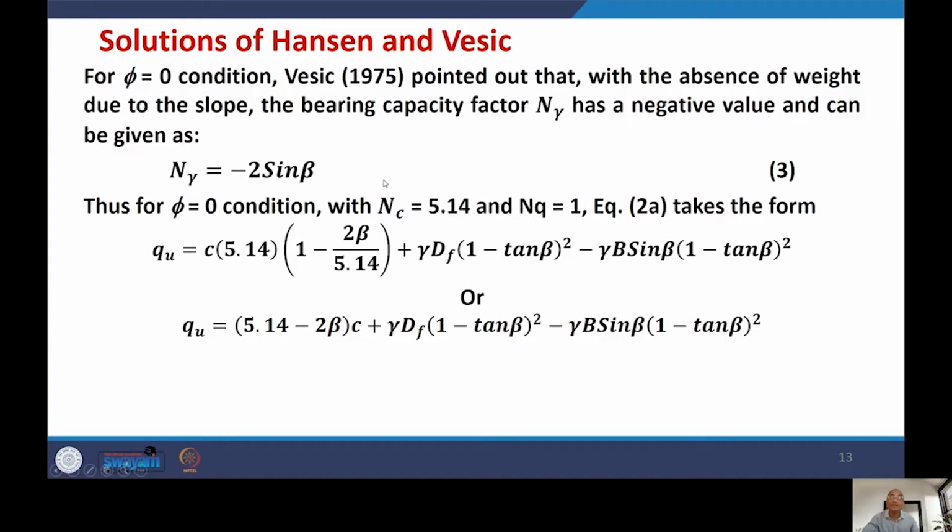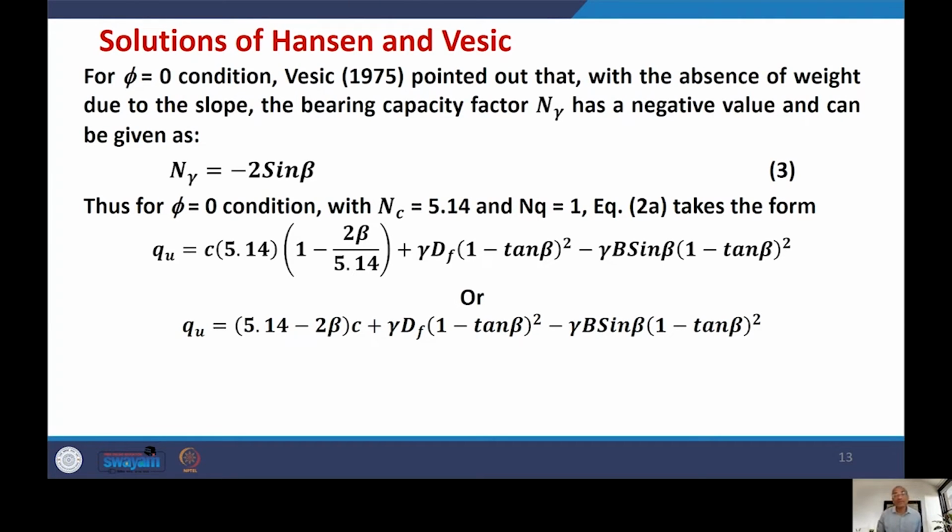Hansen pointed out that with the absence of weight due to the slope, the bearing capacity factor N gamma has a negative value and can be given as N gamma equals minus 2 sine beta, where beta is again the inclination of the slope. So they have linked the value of N gamma with the slope angle.